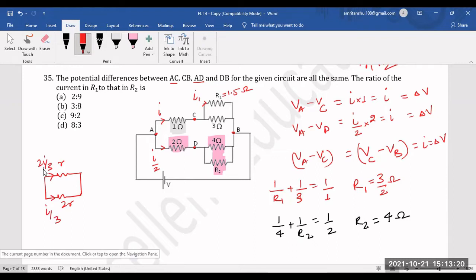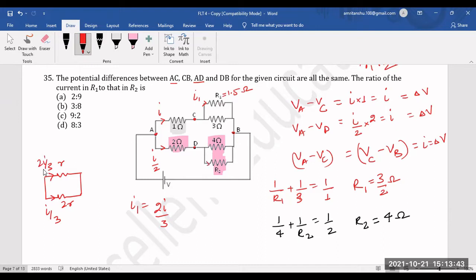It comes to 2IR by 3, here also 2IR by 3. Okay, so here also the current that goes here is 2I by 3, so I1 will be 2I by 3, and because these two resistances seem to be equal, the current I by 2 will divide equally over here.